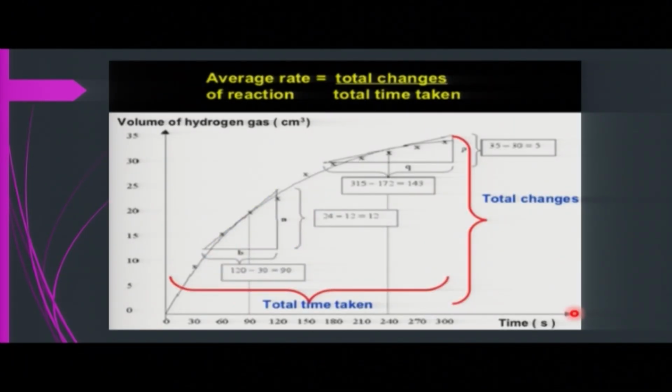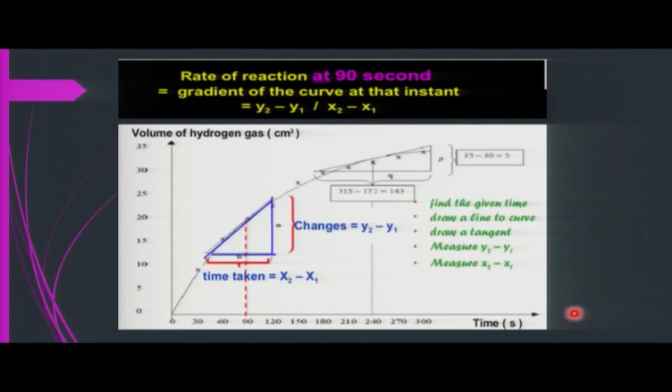Average, the total changes over time. Instantaneous, you look at that point, then you find the slope. So, of course, this comes after you've plotted a graph. So, that is it with the instantaneous and the average rates relative to how you determine the rates of reaction.